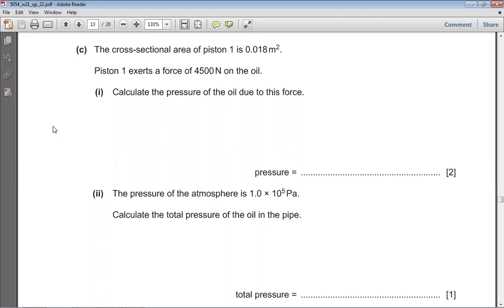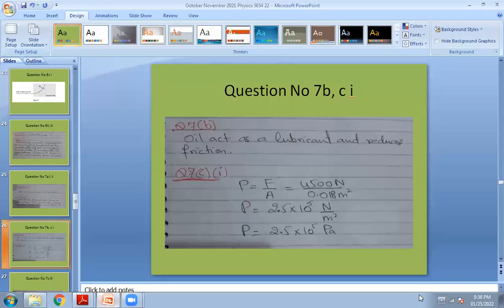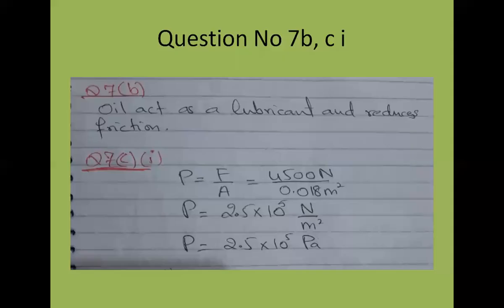F is 4,500 Newton and the area is 0.018 meters squared. So P = F/A = 4,500 Newton divided by 0.018 meters squared. So P will be equal to 2.5 × 10^5 Newton per meter squared.